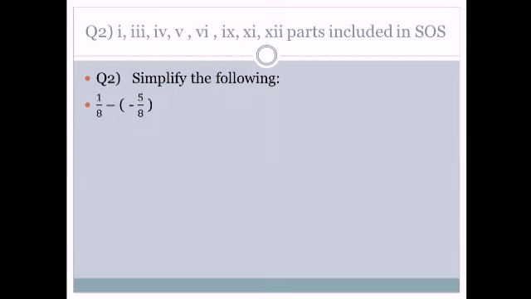Look, both are the same. Minus minus multiply, you get plus. Plus plus multiply, you get plus. Similarly, when you multiply different signs, one positive and the other negative, you always get minus. Plus multiplied with minus, you get minus. Minus multiplied with plus, you get minus.